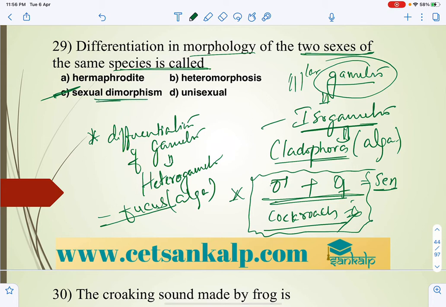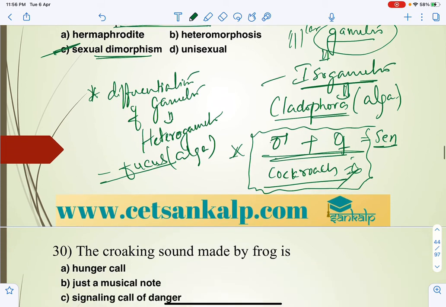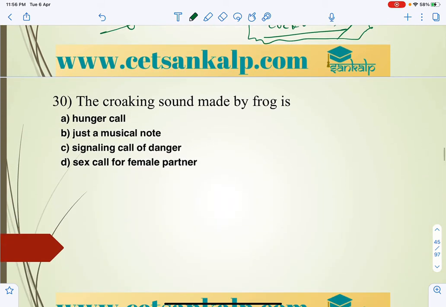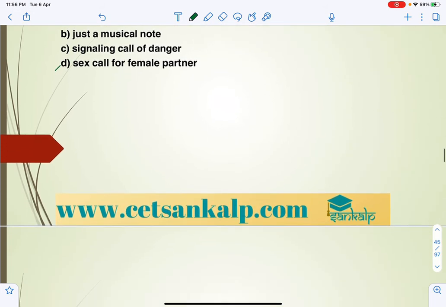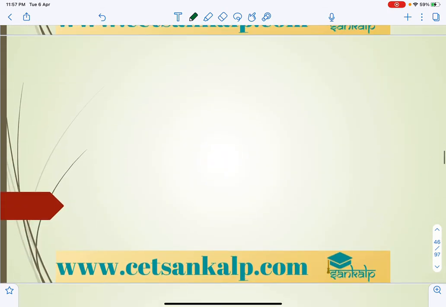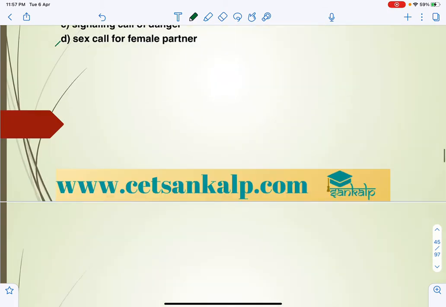And sometimes the croaking sound made by a frog is just a sex call to attract a female partner.